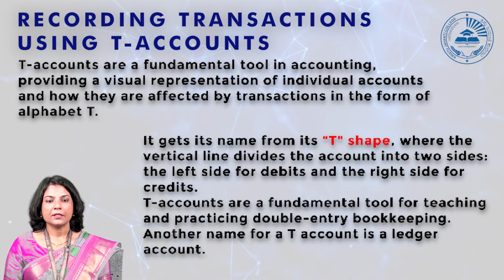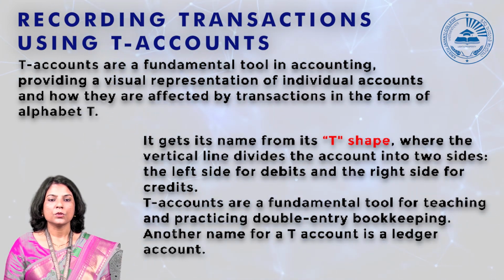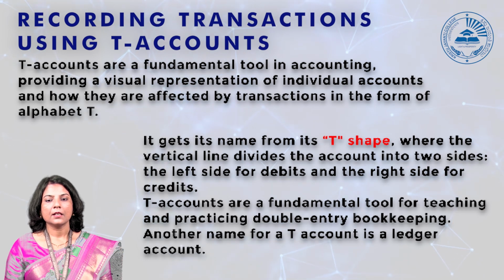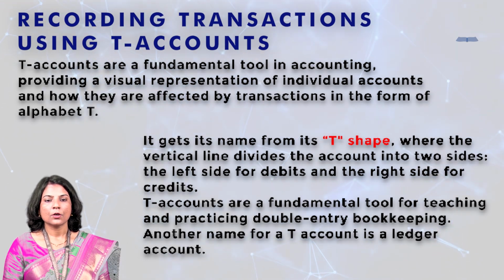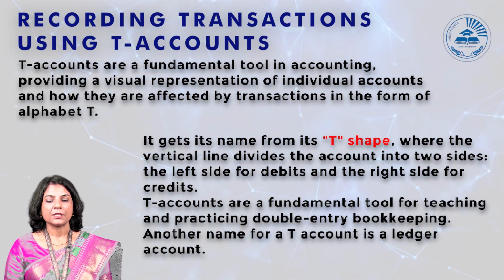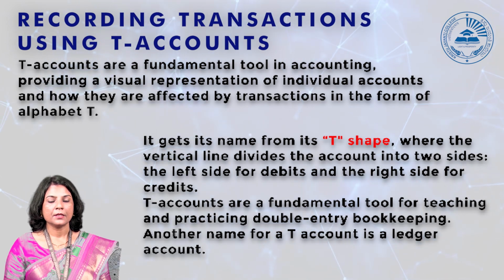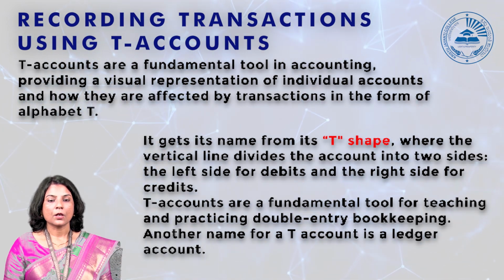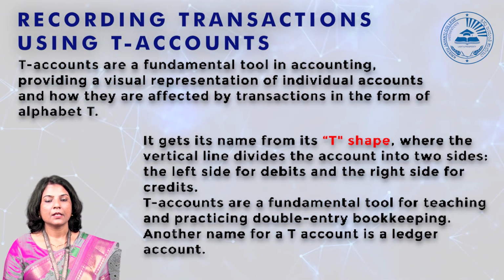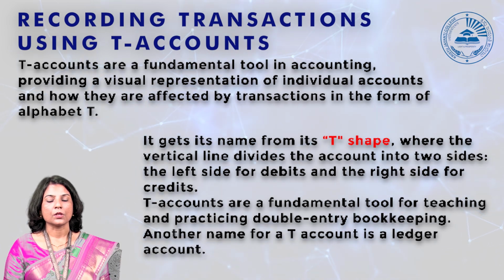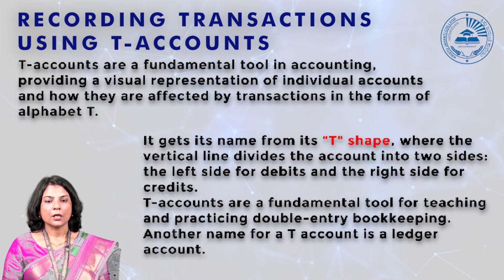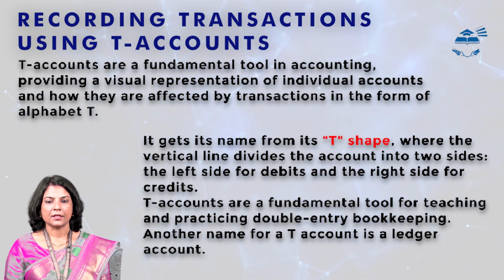Because it gets its name from its T shape, where the vertical line divides the account into two sides, the left side and the right side. The left side of a T account always represents the debit. Whatever account is debited in the transaction will be on the left hand side of the T account. On the right hand side, the opposite of debit, that is the credit, will be recorded.